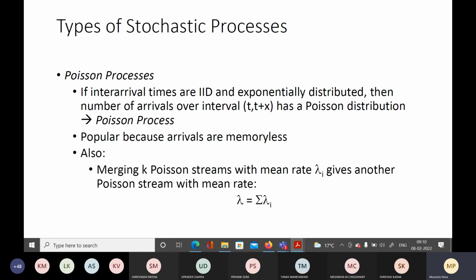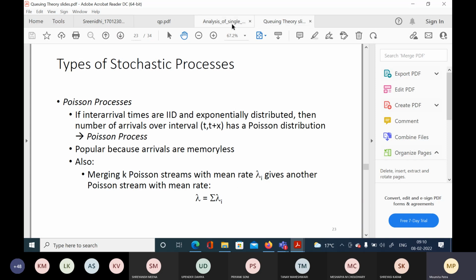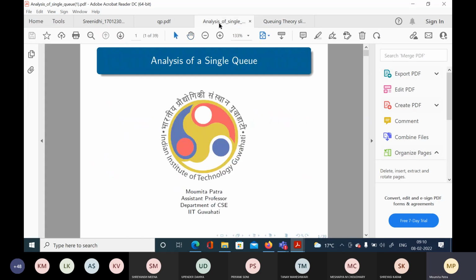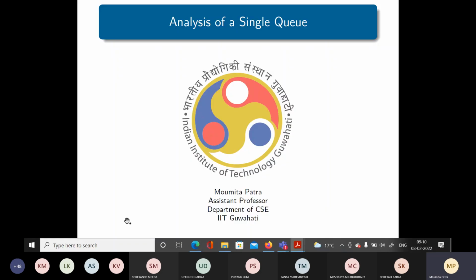What I will do is go to the part that I was telling you about yesterday. We have already analyzed an M/M/1 queue assuming that inter-arrival times are exponentially distributed.